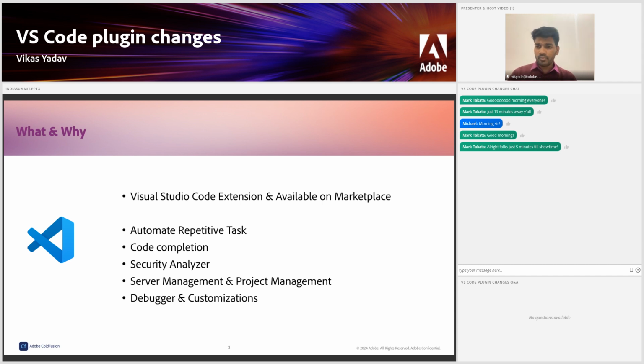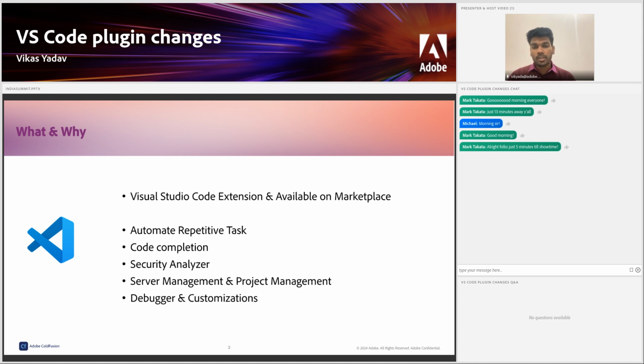So, what exactly is it all about? It's a Visual Studio Code extension that is already available on the Marketplace. You can directly go to the Marketplace and search for Adobe ColdFusion Builder. You will get this particular extension. This extension provides built-in support for intelligent code completion and better semantic code understanding. It can identify security vulnerabilities and maintain the integrity of code.